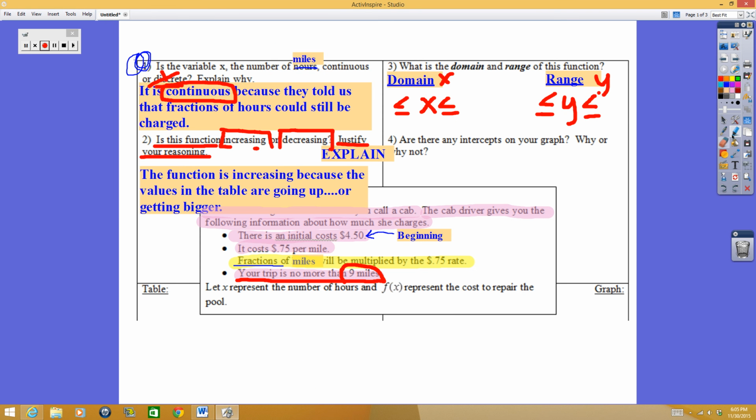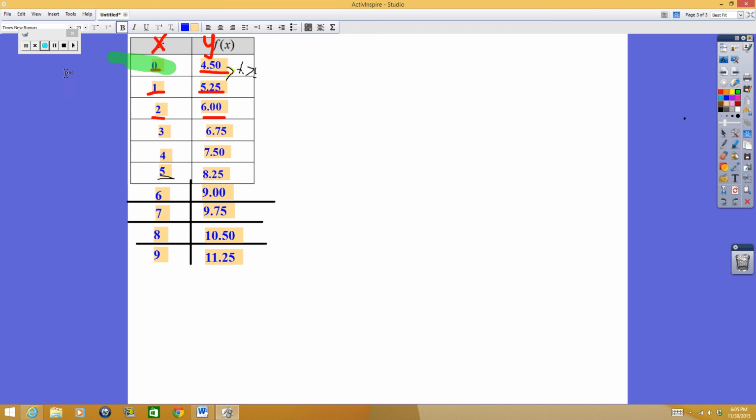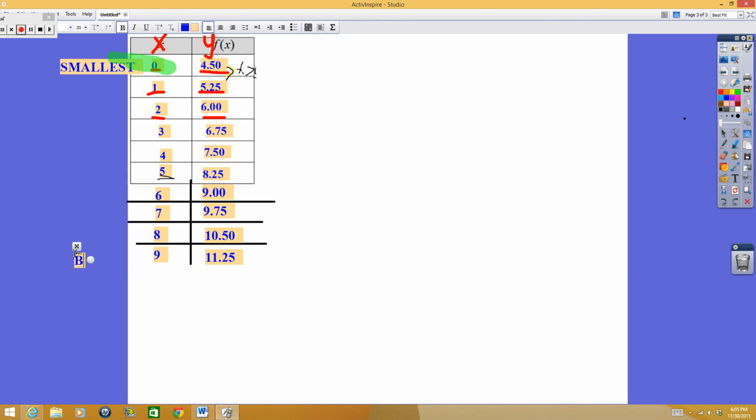So, for domain, my smallest x is here. Smallest. Right there. It's 0. Let me move this out the way. And then I need my biggest one also.